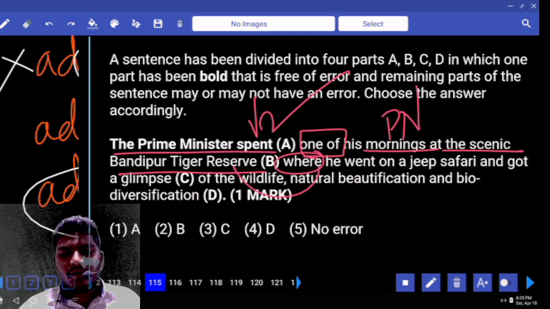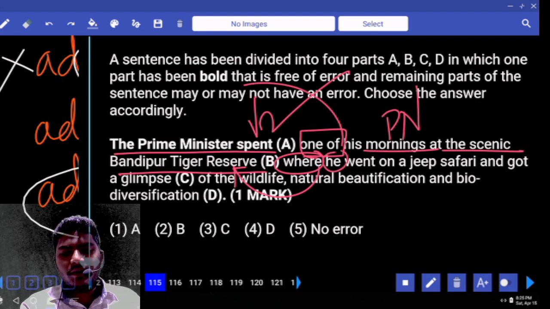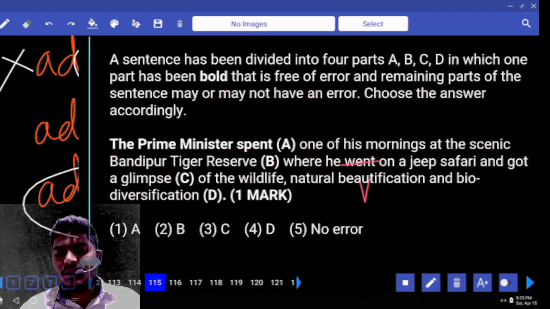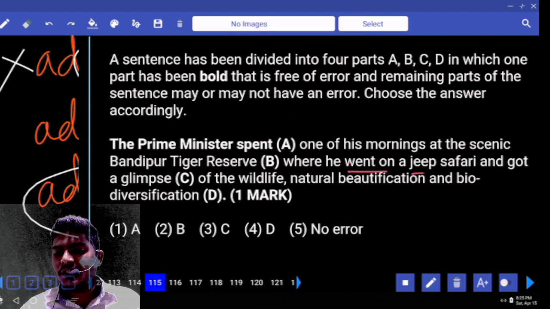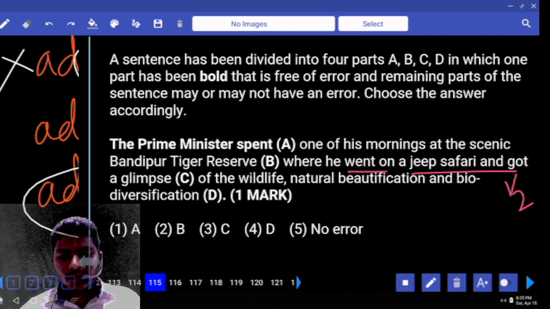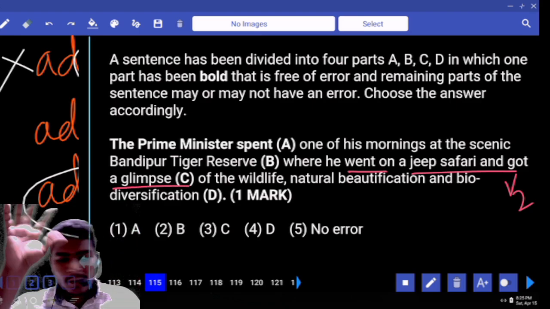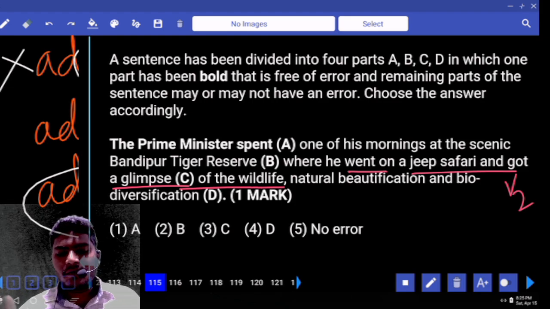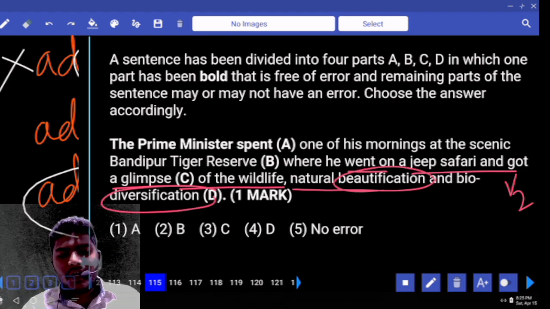This where ante deనికి refer ikkada Tiger Reserve place where he refers to Prime Minister. Went is which verb form here? V2. Tense change ఏమన్నా లేదు. Went on a jeep safari and got again V2. Got a glimpse అంటే అలా చూడడం, అలా అలా పైపైన చూసుకుంటారు.